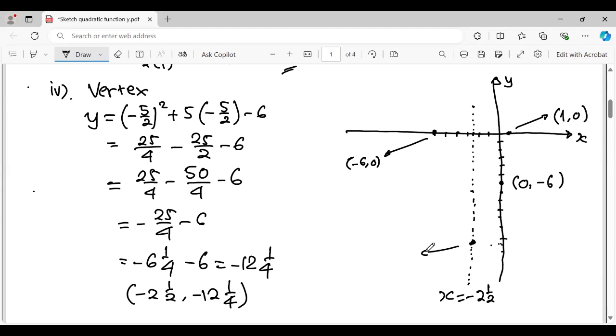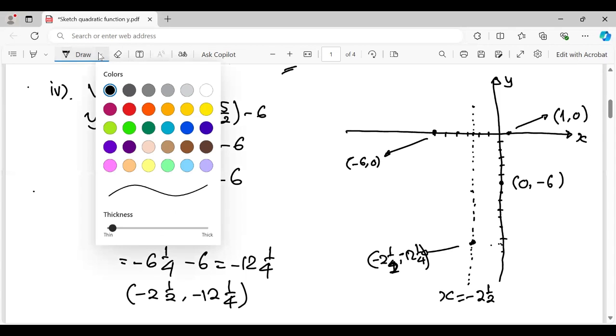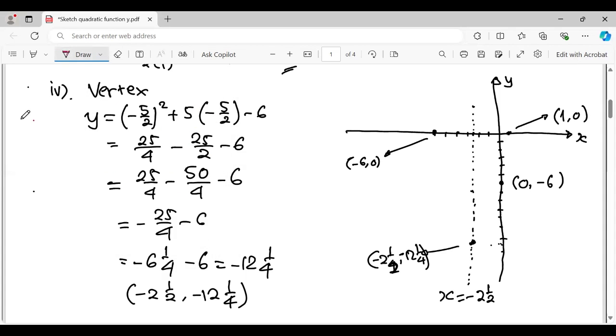So this is the vertex minus 5 half, sorry, minus 12 quarter. So after that, connecting all coordinate points, you will connect all coordinate points.